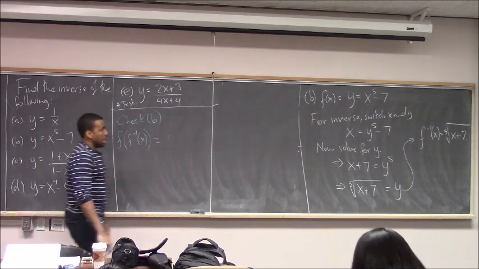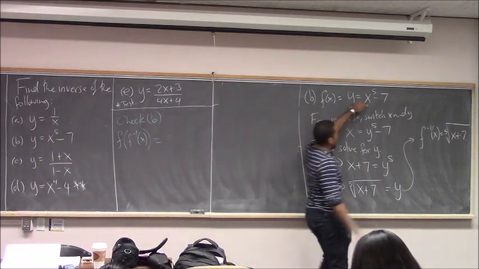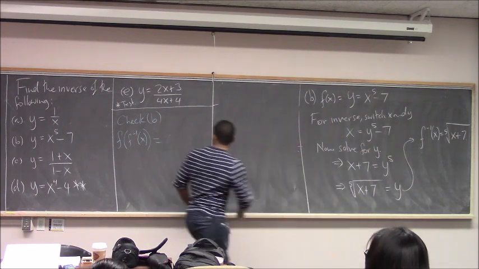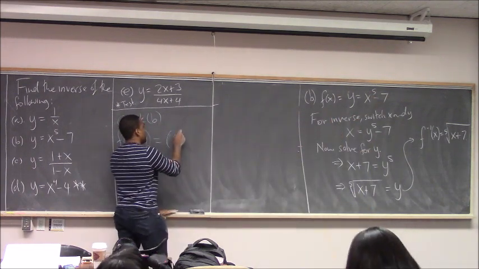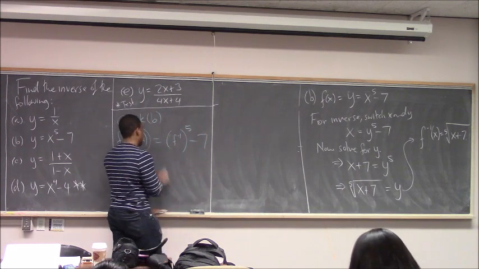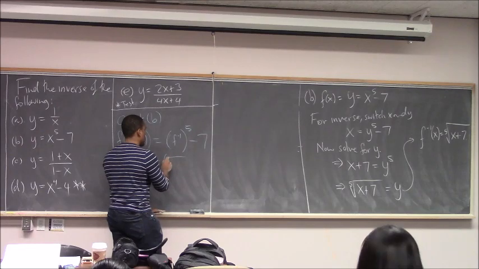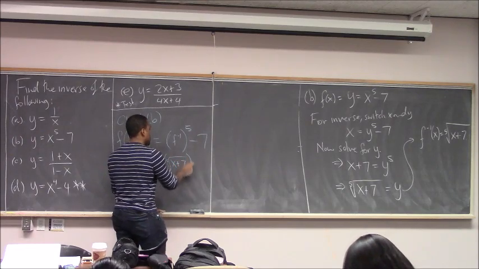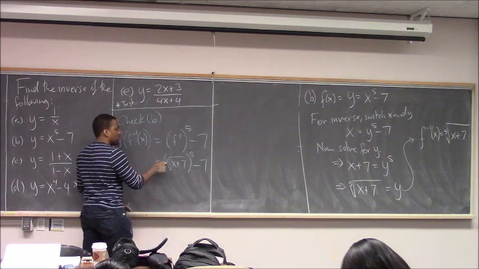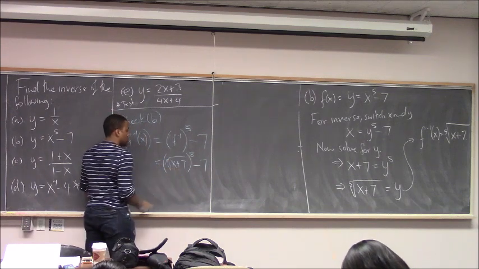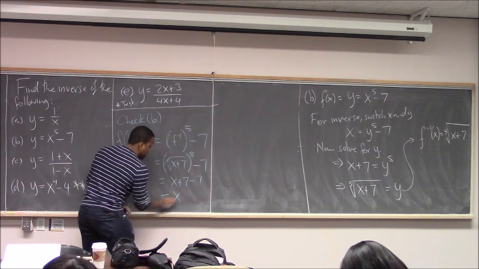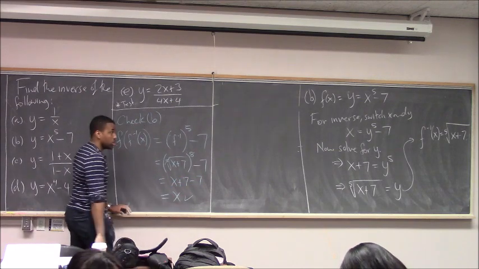This means I go to the f, everywhere I see x, I'm going to replace it with f inverse. So this is going to say f inverse to the fifth power, and then I'm going to subtract 7. That means I'm taking the fifth root of x plus 7 to the fifth power, and then I'm going to subtract 7. Well, raising the fifth root to the fifth power, those will die. I'll get x plus 7 minus 7, and I get x. Okay, so far so good.